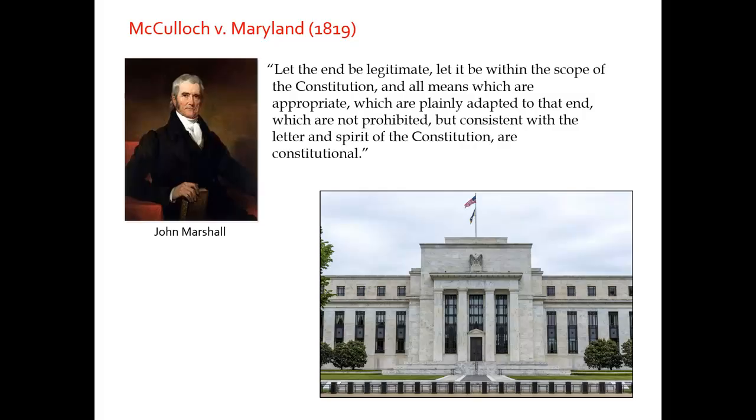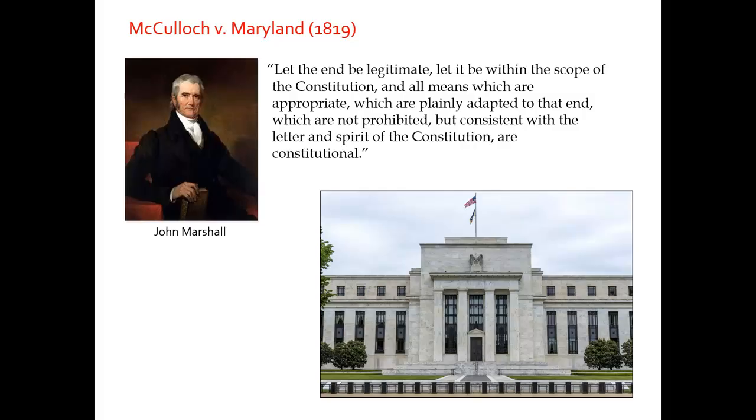So what he's saying is that even though the federal government doesn't have an enumerated power to charter a bank, it is necessary and proper given other enumerated powers it has.